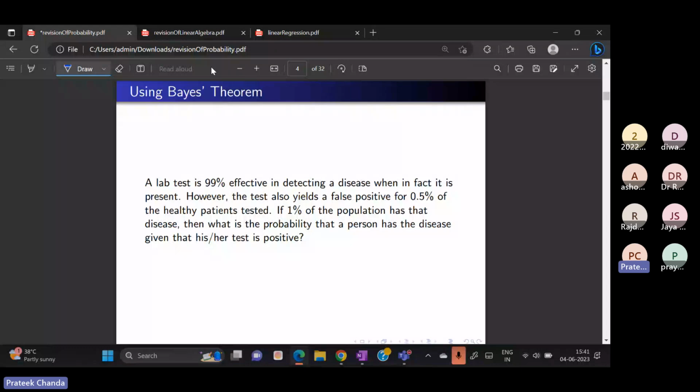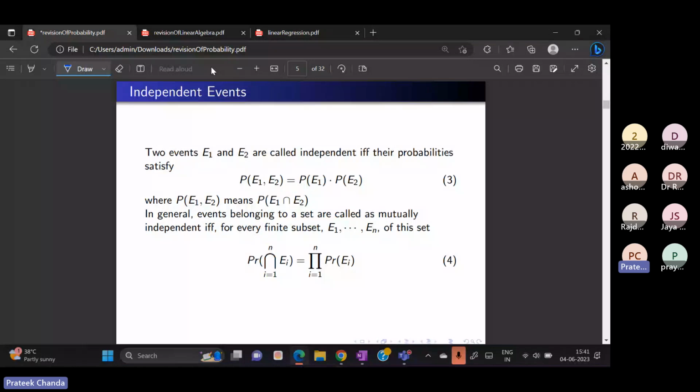So we'll define the notion of independent events first. Two events, E1 and E2, are independent if the joint probability can be written as a product of the probabilities of the two events. The joint probability can also be written as P of E1 intersection E2, which basically means the same thing in notation.